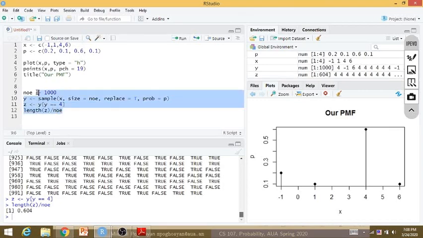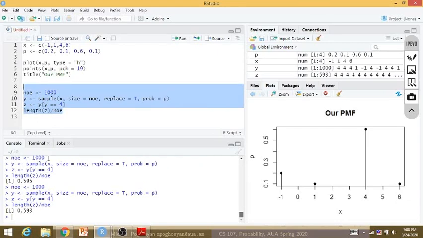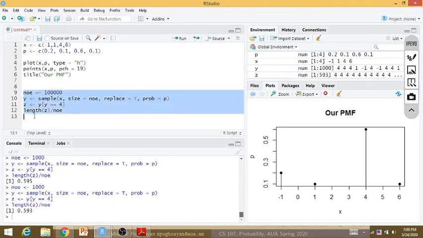Let me run that again. The second time it will generate another sample, but hopefully the number will be close. So 595. Again, 593. Okay, if I increase the number of experiments to, say, 100,000, I'm selecting everything and running that again.